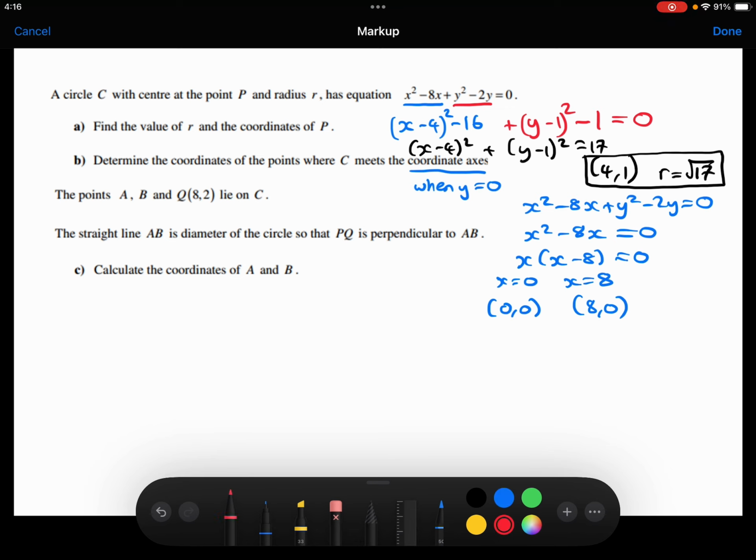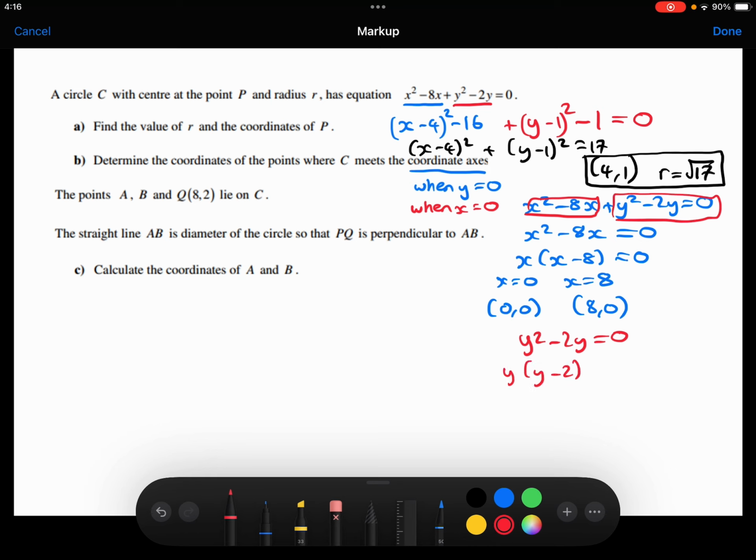Now to find when x is 0, so when it's going to intercept on the y-axis. If I make the x bits 0, I will just be left with y squared minus 2y is equal to 0.